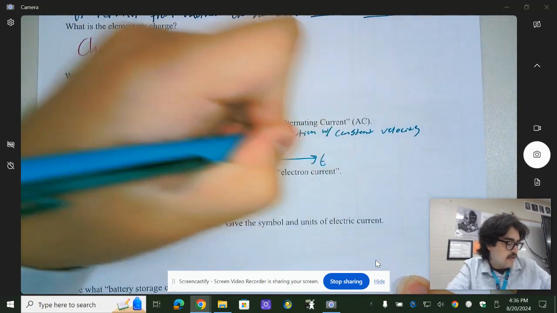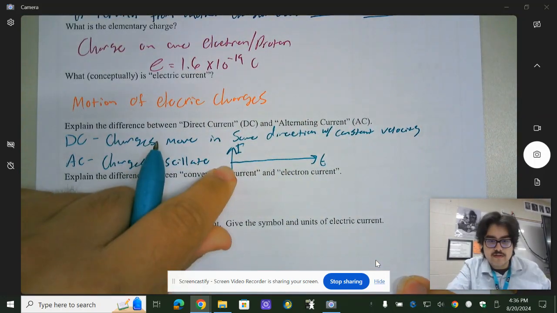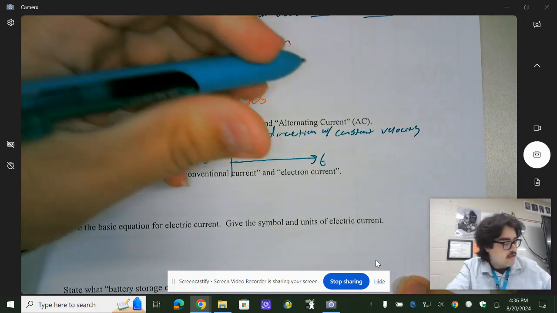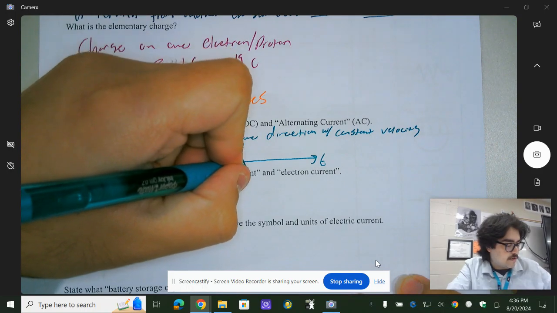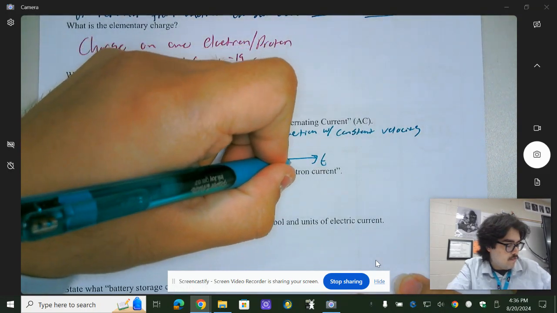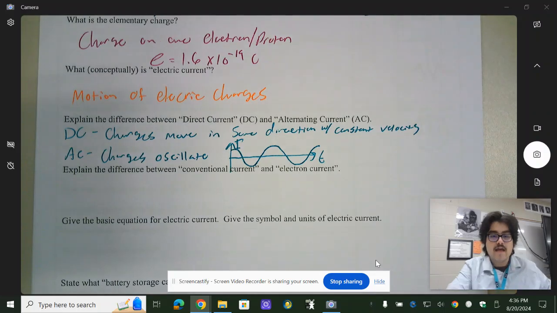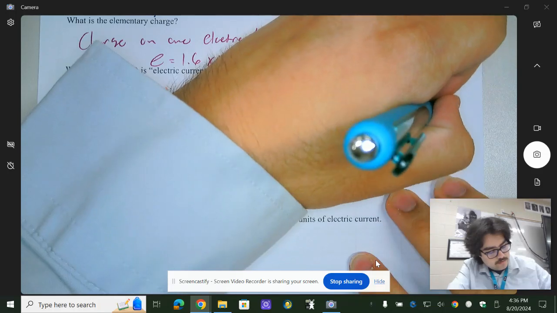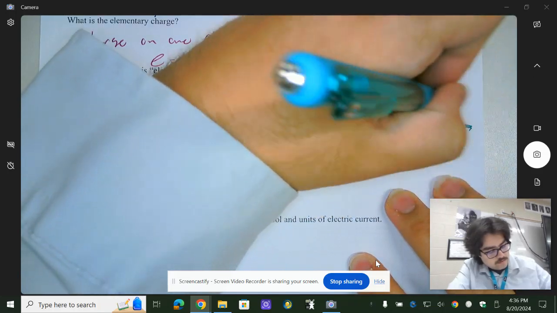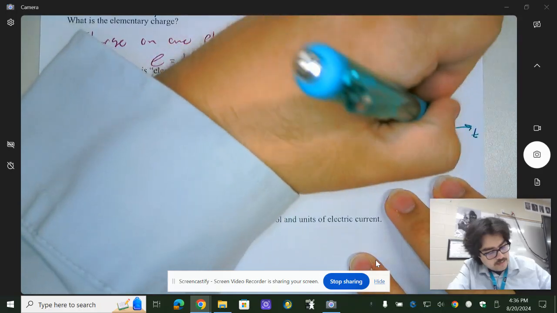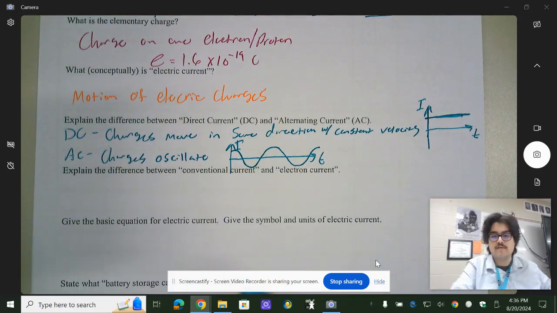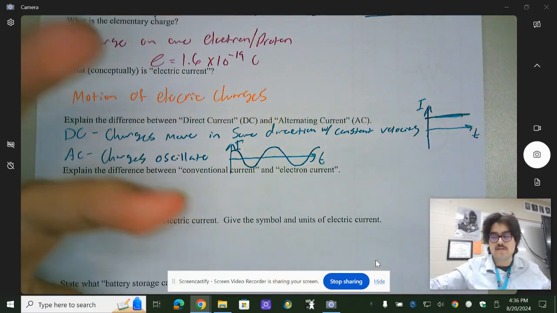This is time, this is current. Current is denoted with an I. For alternating current, it would fluctuate. For DC, it's not going to be very special. It's just going to be a flat line, because the current stays the same. It's constant.